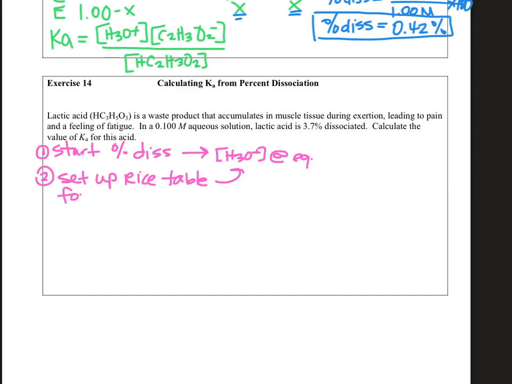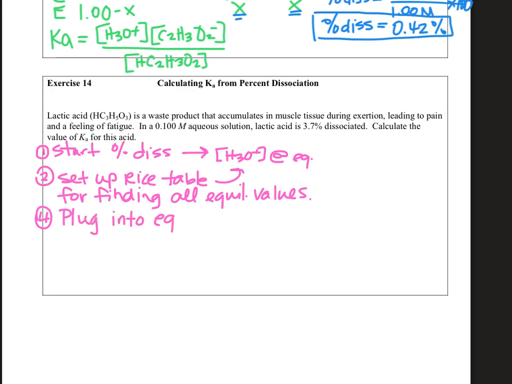So set up the rice table for finding all equilibrium values. Once you know all your equilibrium values, you're going to plug into your Ka expression, the equilibrium expression, and solve for Ka. So pretty easy, you're working your way backwards.